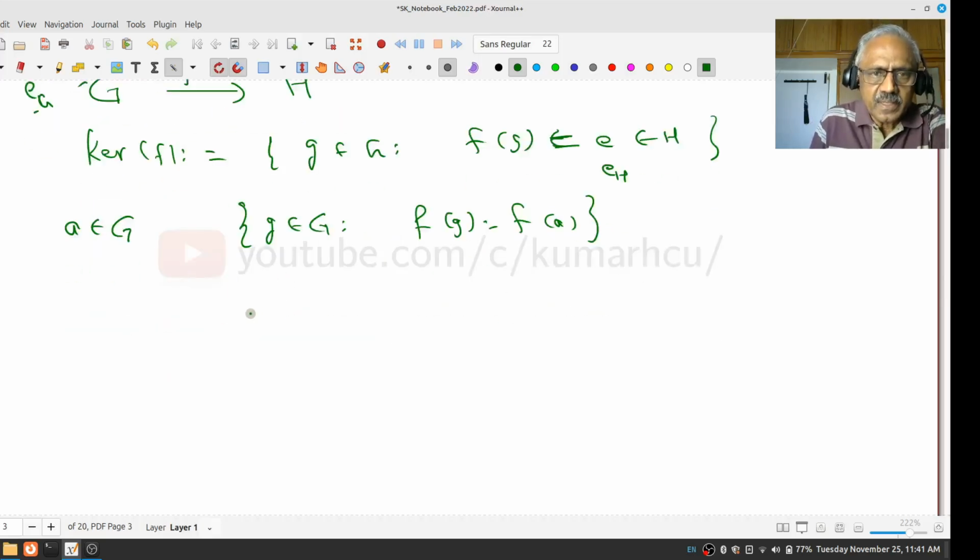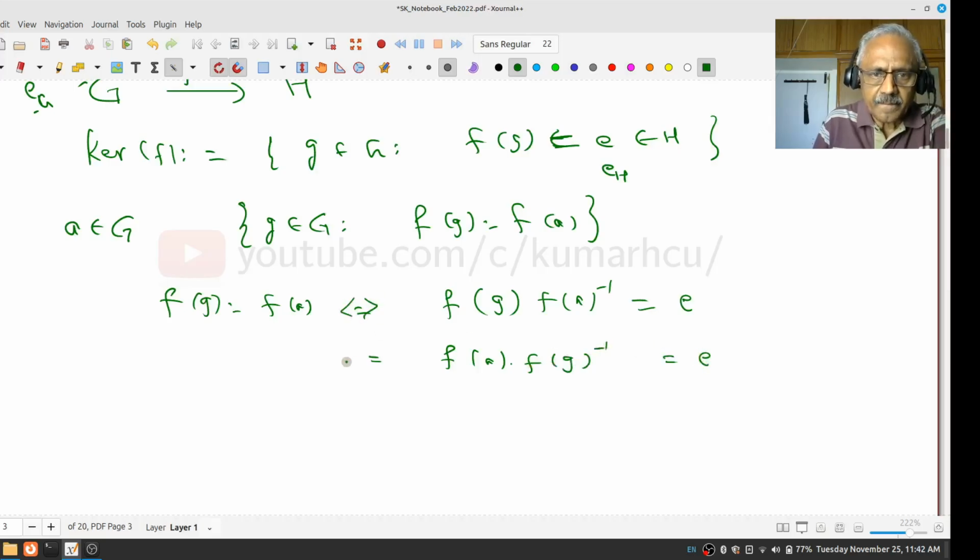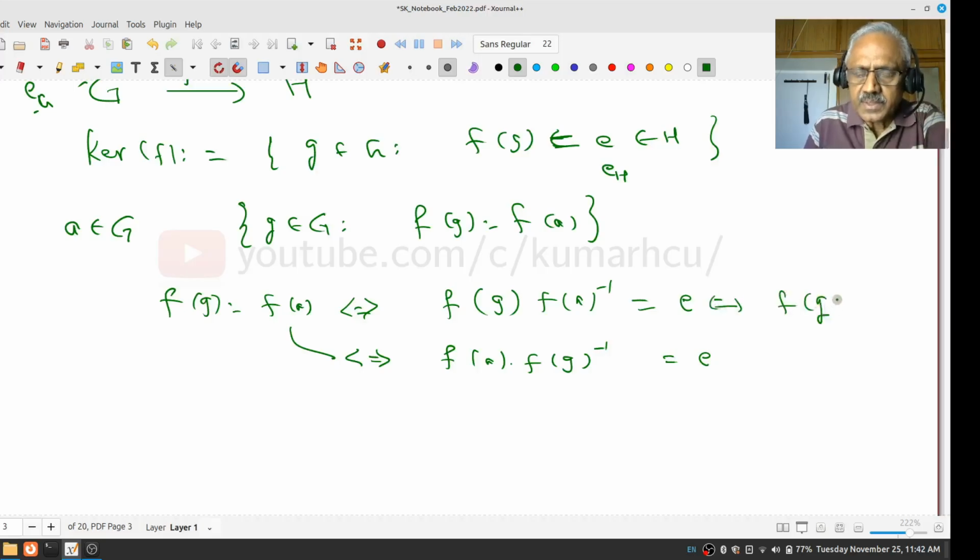Now notice that if f of g equals f of a, that means f of g into f of a inverse is the identity element of H. This is also equal to f of a into f of g inverse being the identity.